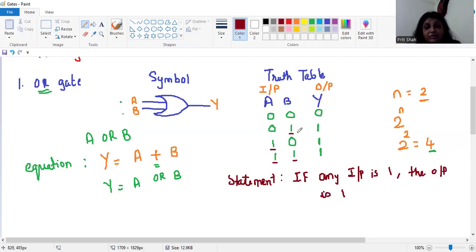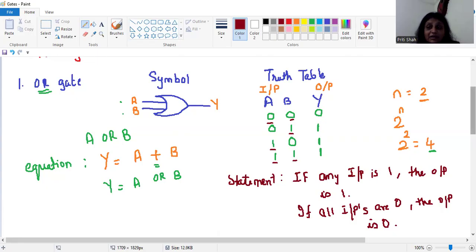So if any input is 1, the output is 1. Or you can alternatively write this as, if all inputs are 0, as you can see, the output is 0. So this is how you will write the statement.